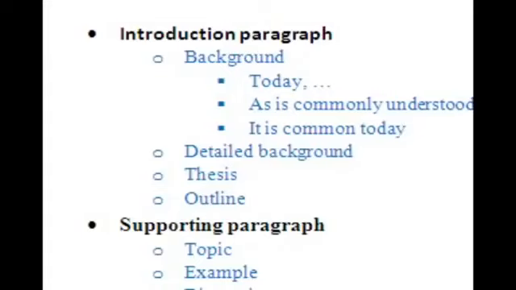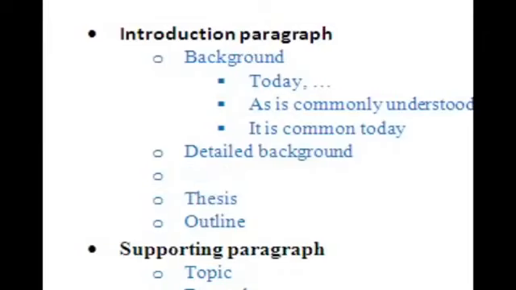Now the detailed background sentence takes the broad information that we've brought up in the background sentence and it narrows it. So we're starting to pinpoint what our thesis is going to be. So some ways to begin your detailed background sentences could be, this can be seen. So firstly, if we started with a sentence, today such and such is happening and it's happening all over the world. This can be seen mostly in, and then wherever you're talking about, Shanghai, Dubai, whatever.